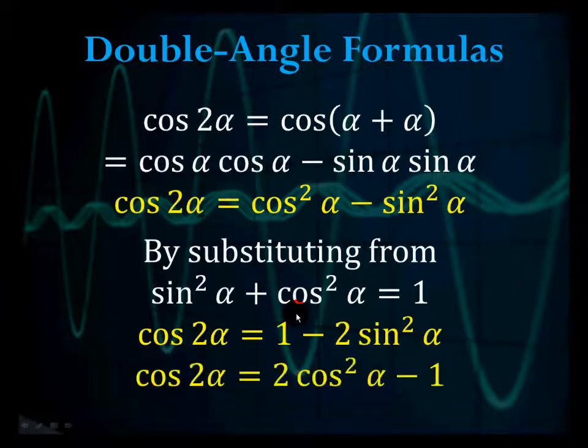If you substitute for sine squared by putting in cosine squared minus 1, you will get that the cosine of 2 alpha equals 2 cosine squared alpha minus 1. So, if you substitute for negative sine squared, you will get cosine squared minus 1. You move the 1 over here, you move the sine squared over there. So, you'll see it expressed all three ways, and you might use any of those three depending on what angles they give you.